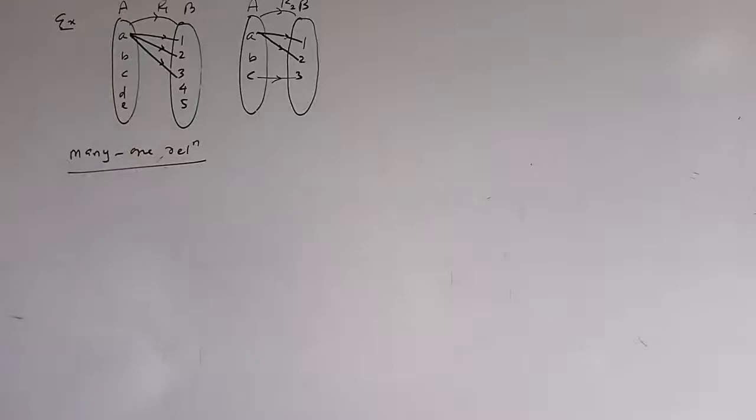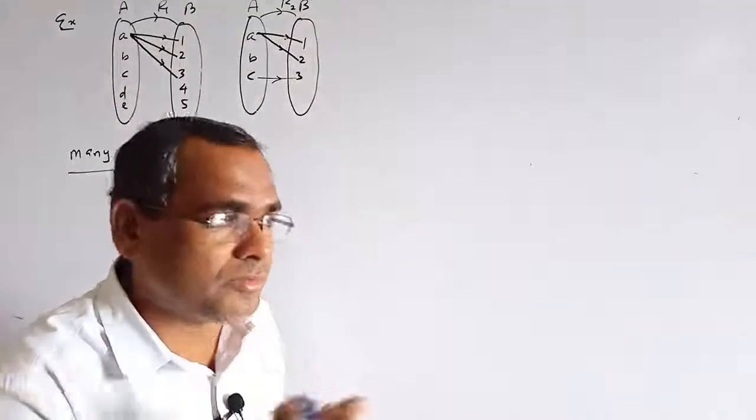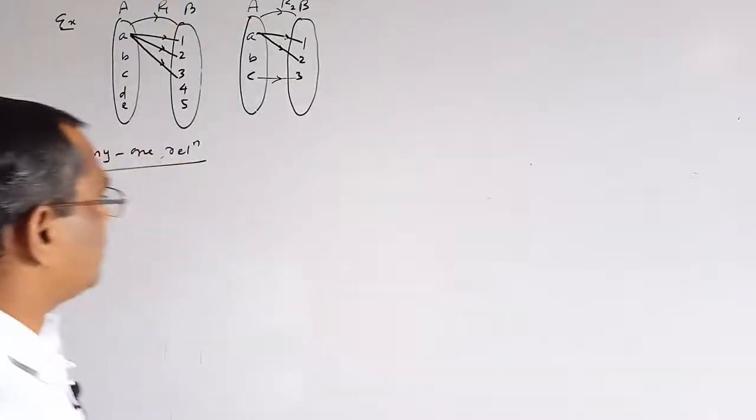Next, many-one relation. Many-one relation means many elements of set A are related to one element in set B. That is known as a many-one relation.